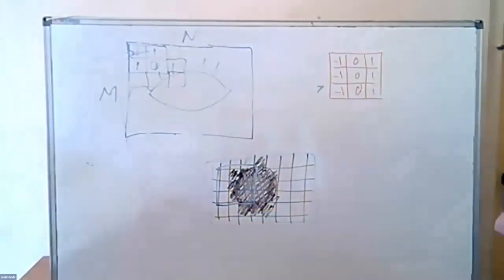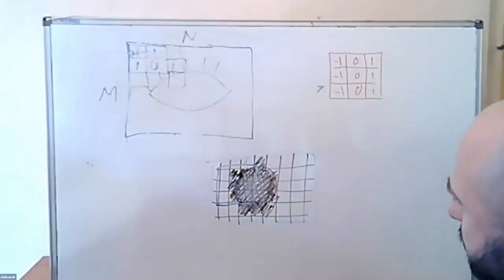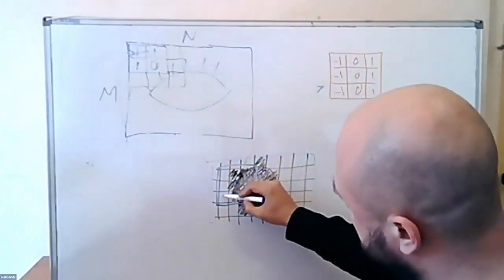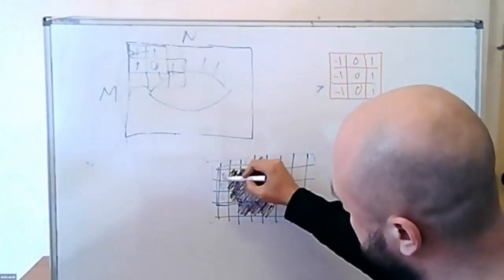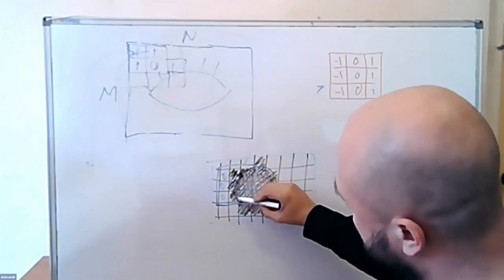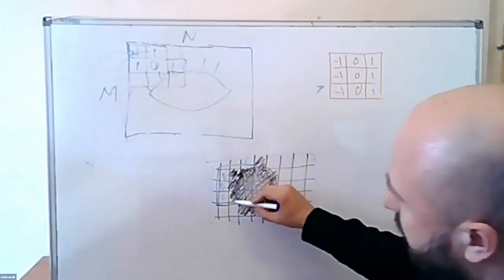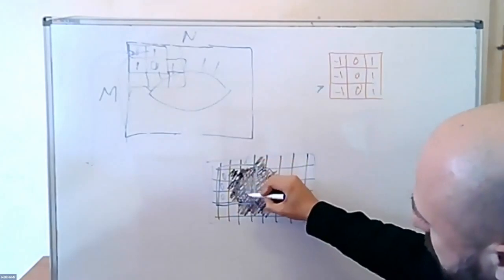And for this situation, we have 0, 0, 0, and here we have 255 values, 255.